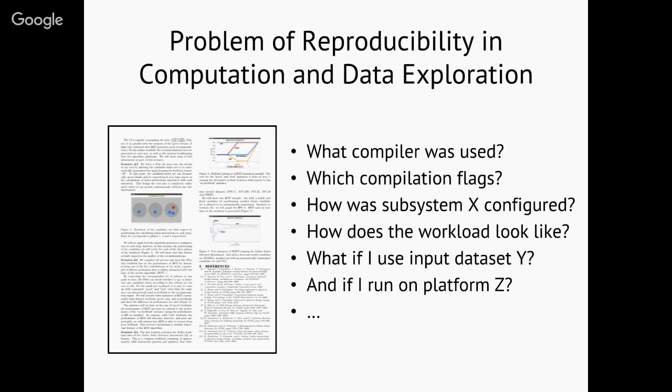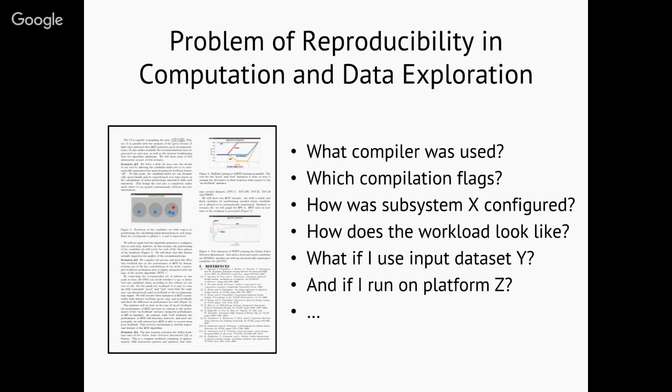Simple things like how the binaries were compiled, which flags were used, how a subsystem was configured, what the workload looks like, which properties a particular workload has, and so on. Questions that are hard to answer by just looking at the text.